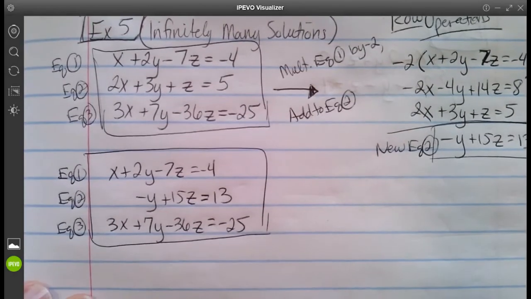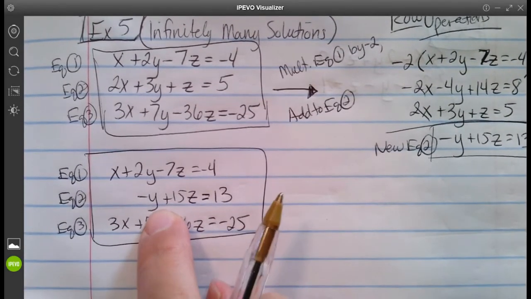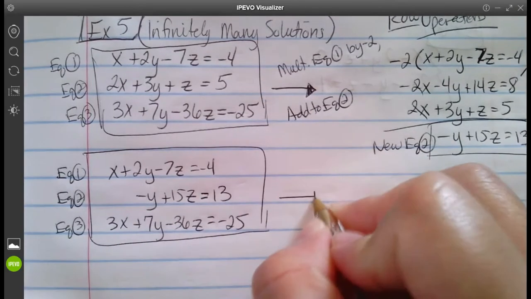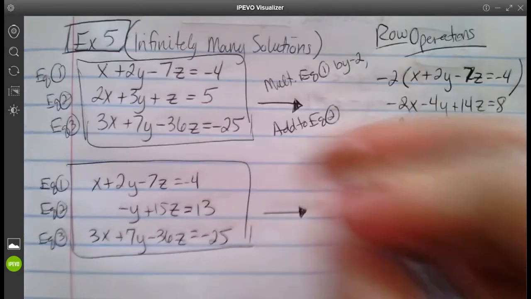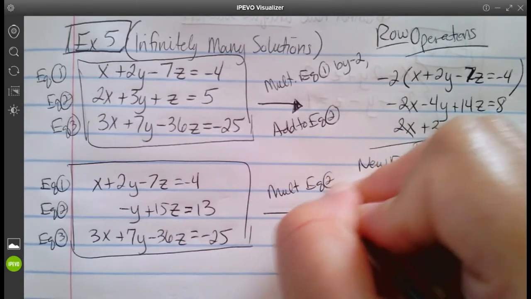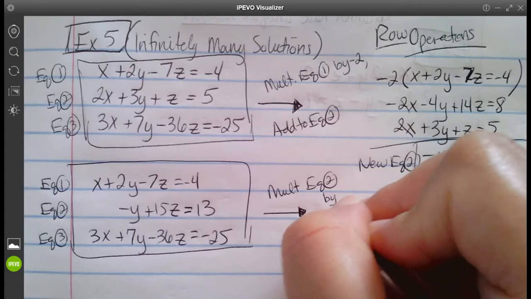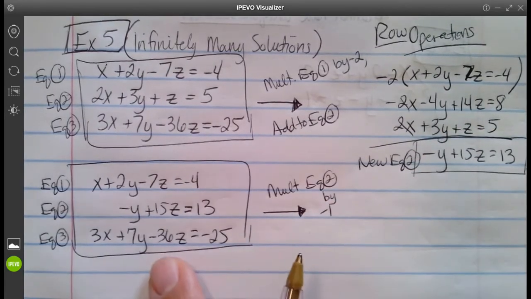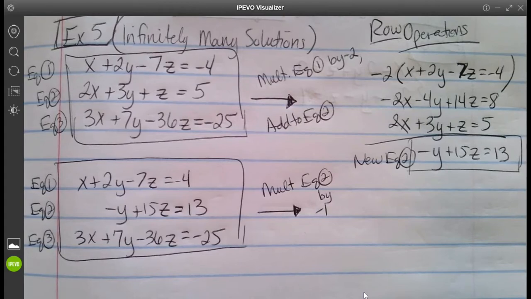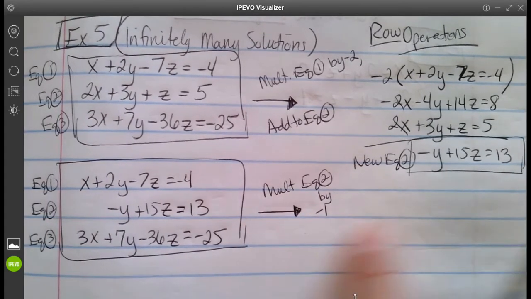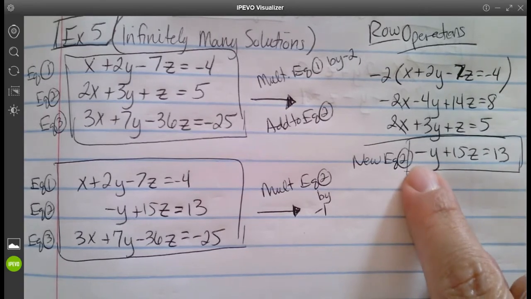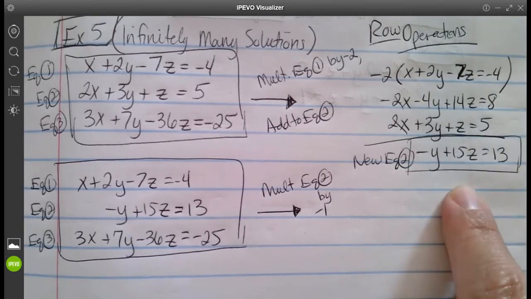Here we can see that we're almost done with equation 2, but there's that negative, and we can't have a negative in front. So let's get rid of it by multiplying equation 2 by negative 1. This is where I mentioned the shortcut in the previous video: you could have multiplied by negative 1 in the previous step and gotten it done in one go.